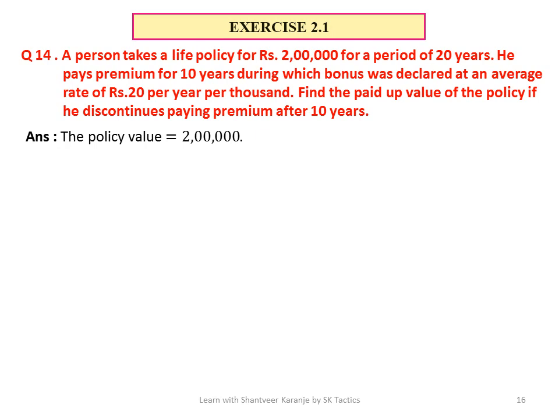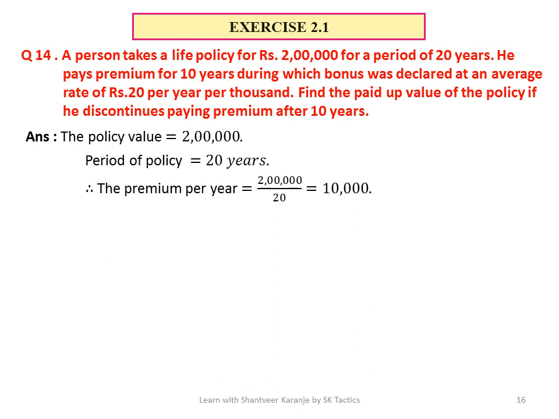It is given that the policy is worth 2 lakh and his policy is of 20 years. Obviously this policy value is divided by 20 to get the 1 year premium. So the premium per year is 2 lakh divided by 20 years, 10,000 per year he needs to pay as premium.